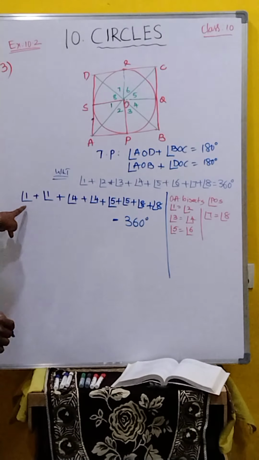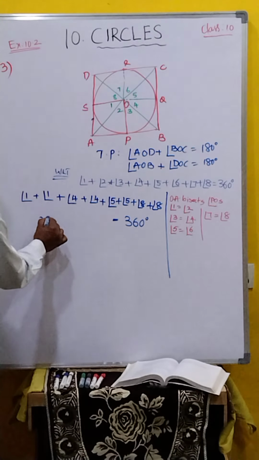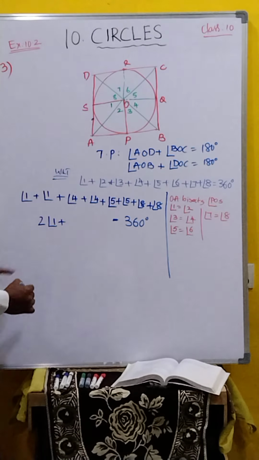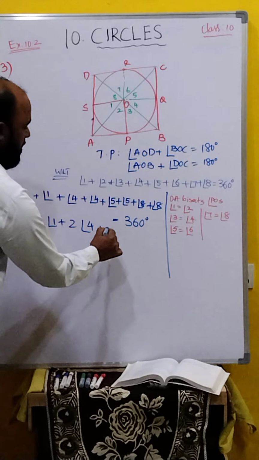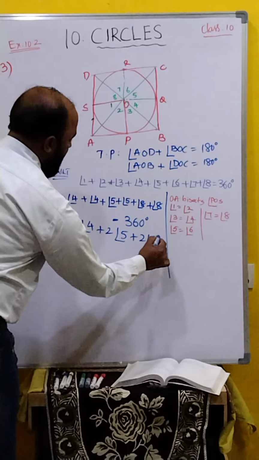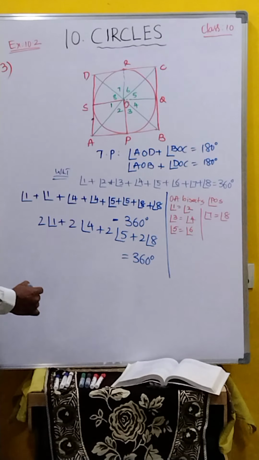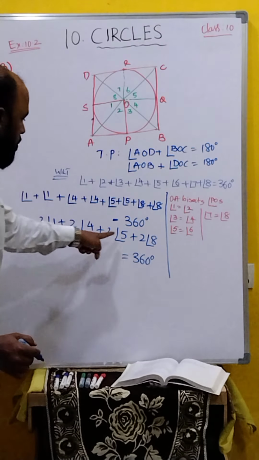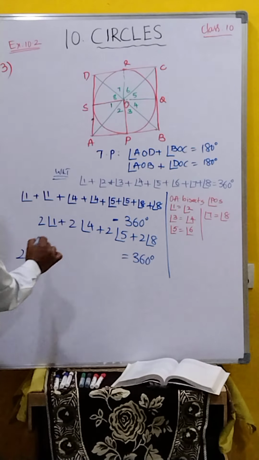Now how many angle ones are there? 2. Add that 2 times of angle 1 plus 2 times of angle 4 plus 2 times of angle 5 plus 2 times of angle 8 is equal to 360 degrees. Clear children? 2, 2, 2, 2. Everywhere 2. Common 2 take out. What is remaining?